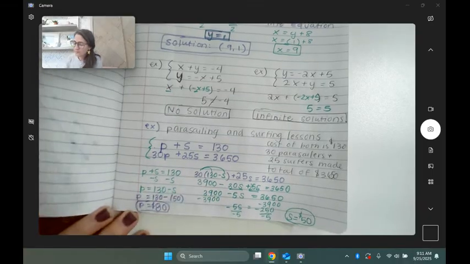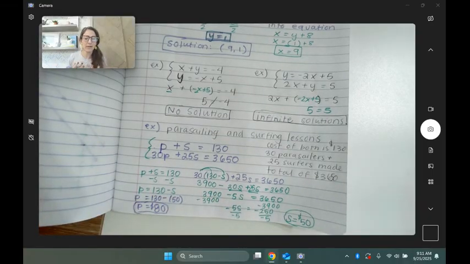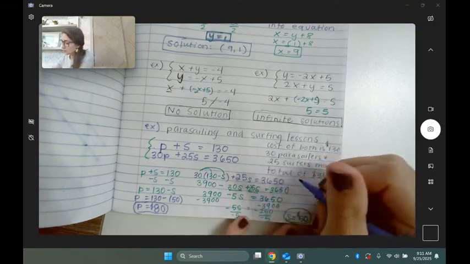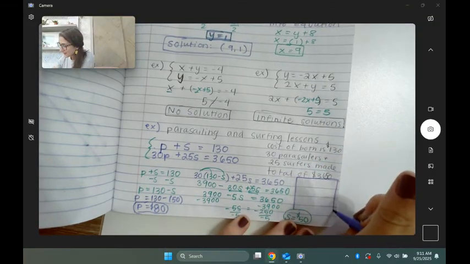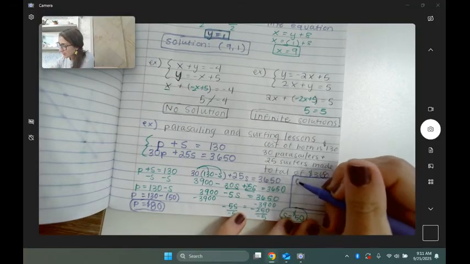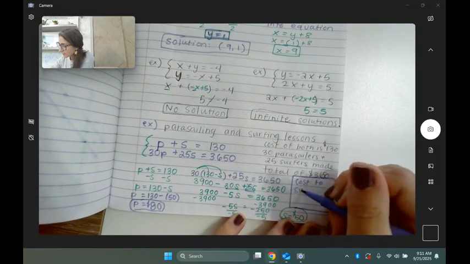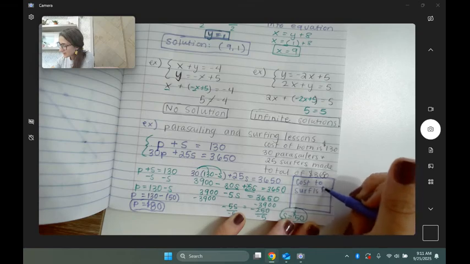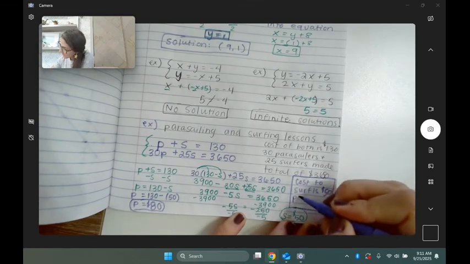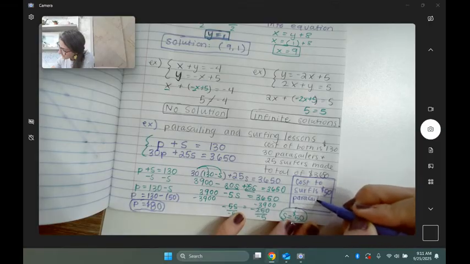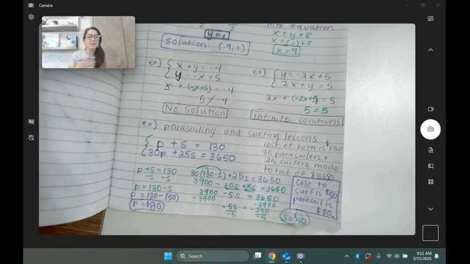Now, when you're given a word problem, I want my solution with a sentence, with words back. So your answer here would be: the cost to surf is $50 and the cost to parasail is $80. Sentence. So then, you kind of beat the word problem with a word problem.